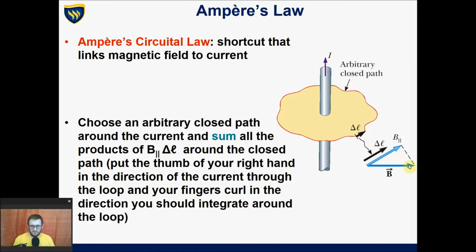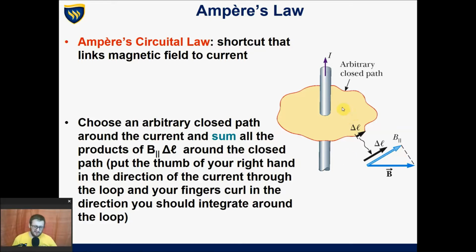We want to know what is the projection of B onto that path, and we call that B parallel. In other words, how much of that magnetic field is along the direction that we're traveling in this path? And keep in mind these two vectors are constantly changing, because as your path weaves in and out, the projection of the magnetic field onto that path is going to change.